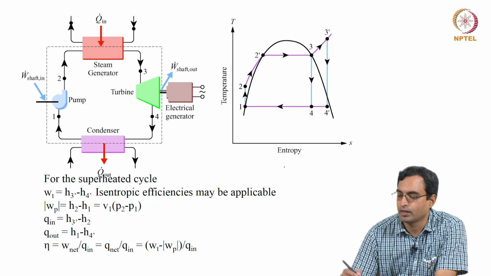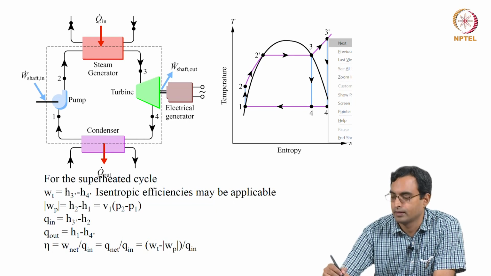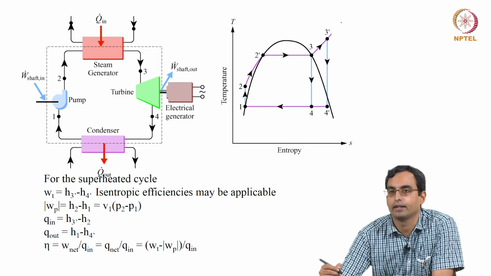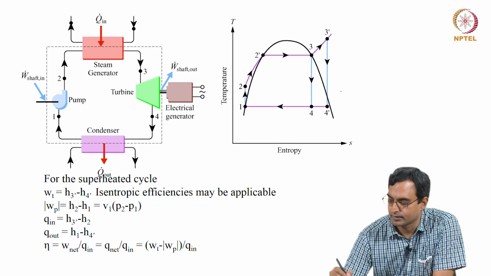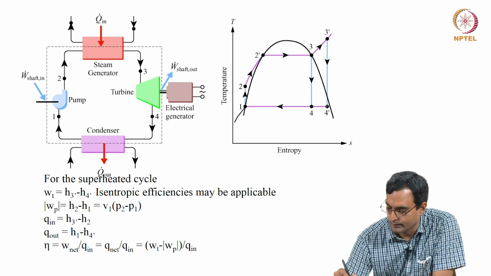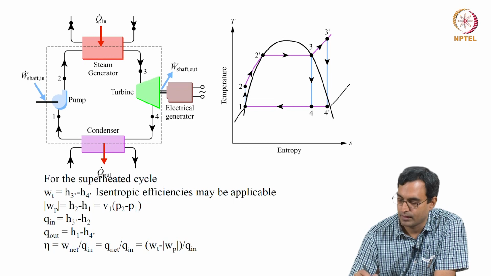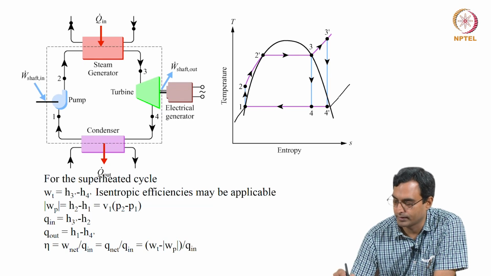If the process is non-isentropic, we would have the entropy increasing, which means that if I draw a constant pressure line through this, the constant pressure line between 1 and 4 prime would look like this.